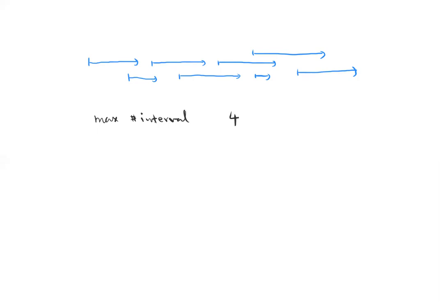One is this one. Maybe let me use a tick. 1, 2, 3, 4. So another one will be 1, 2, 3, 4. All right. So it's easy to obtain one of these two solutions by using the greedy method. Now the difference is each activity has a weight. Each interval has a weight.